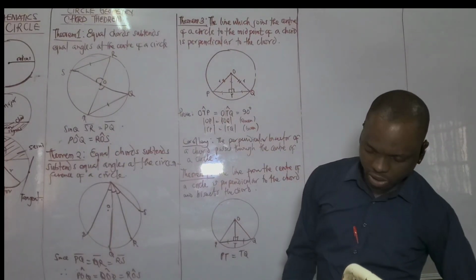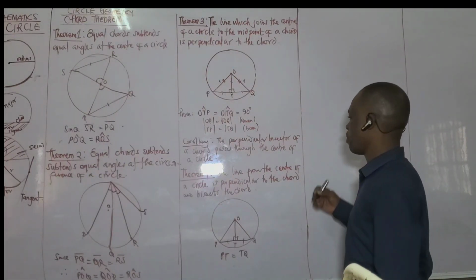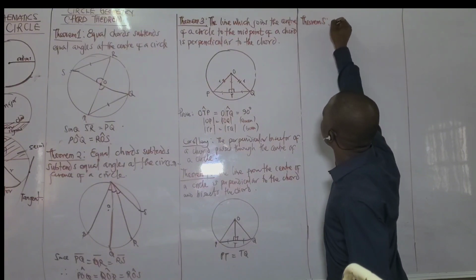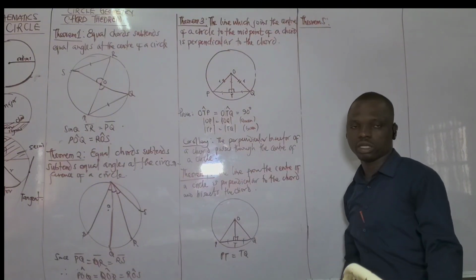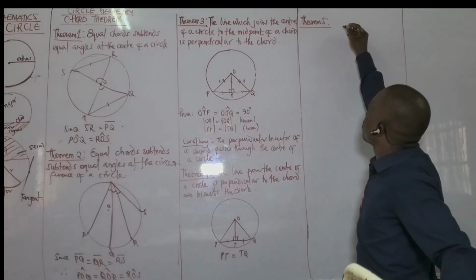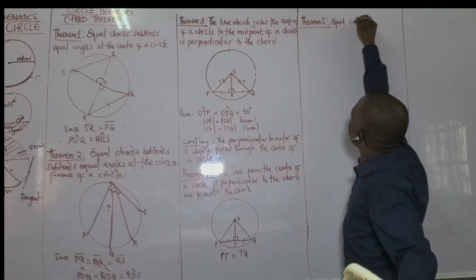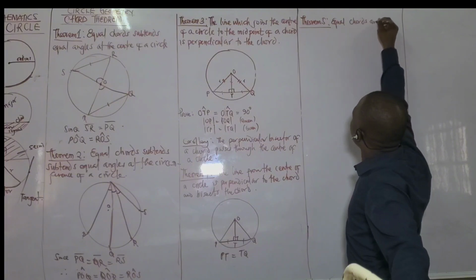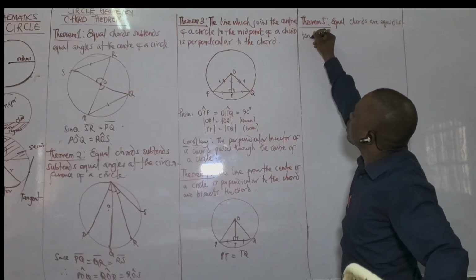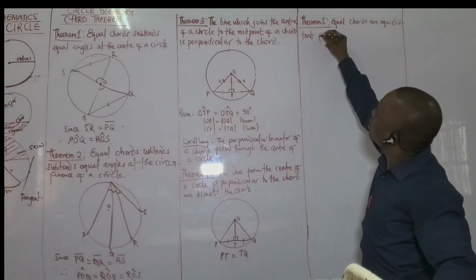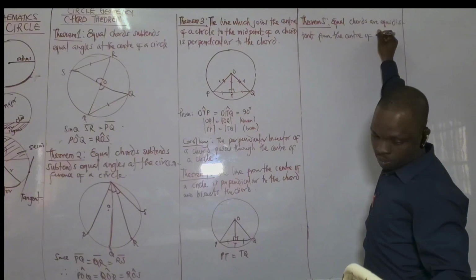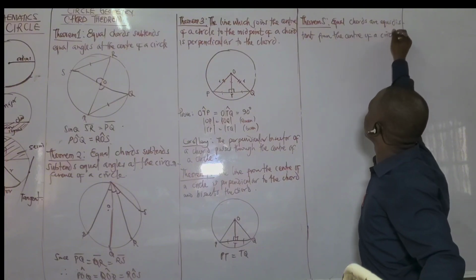Let's look at theorem 5. We are advancing. Equal chords are equidistant from the center of a circle.